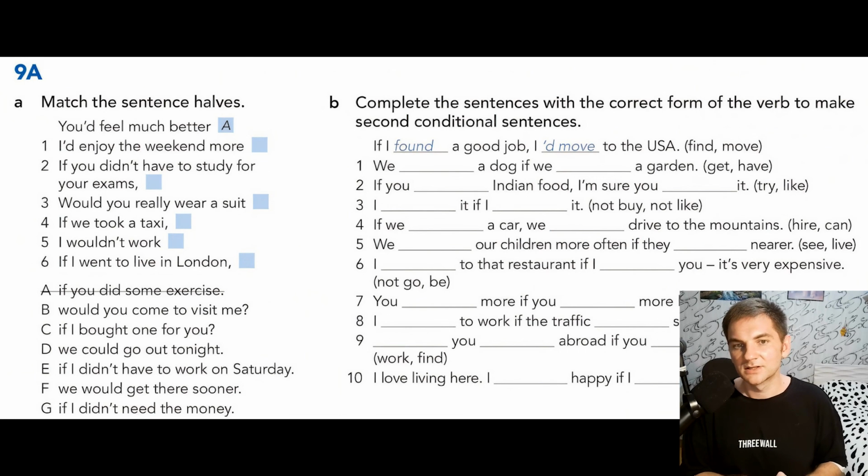And remember, after if we use the past simple, and we use would plus infinitive in the other part. If I found a good job, past simple, I'd move to the USA, would plus infinitive. Good luck with these tasks, then check yourself and make sure that you understand how it works. Let's do it.